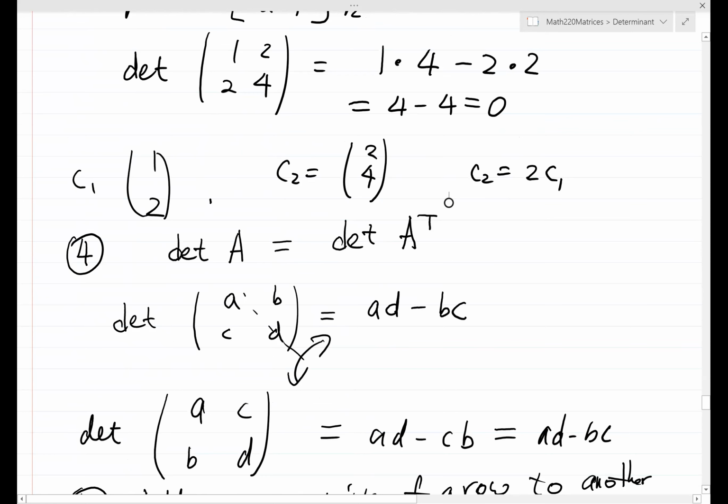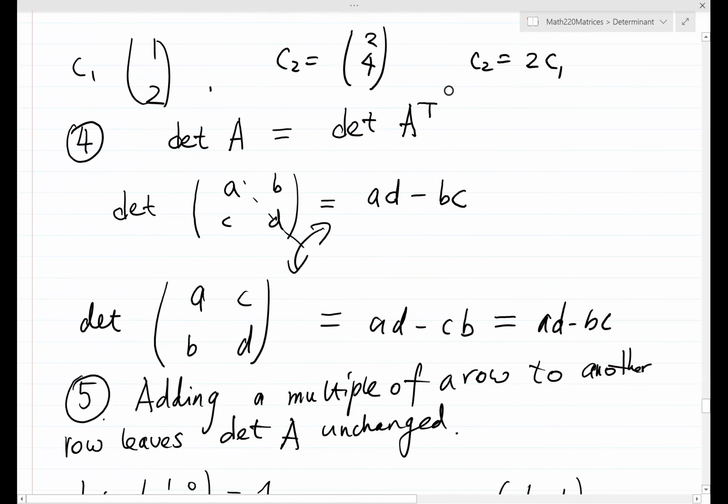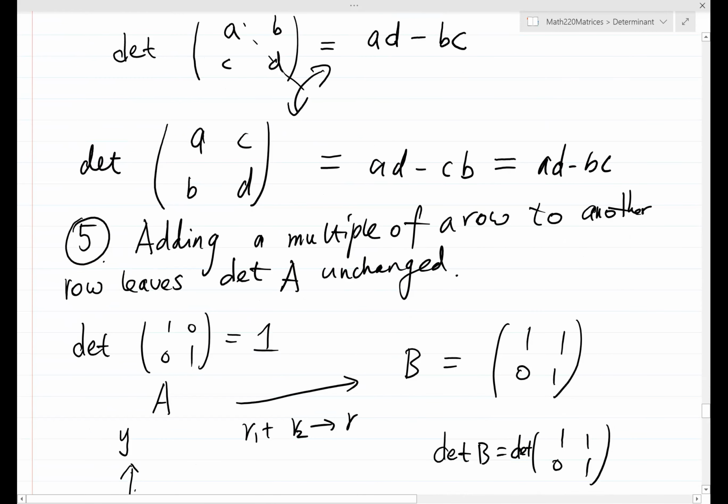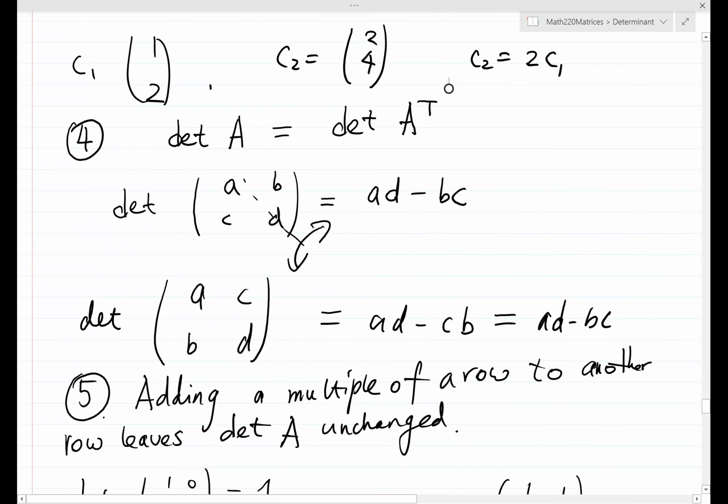The determinant of a matrix is the same as the determinant of its transpose. So property 4 tells us rows and columns are on an equal footing in a matrix.